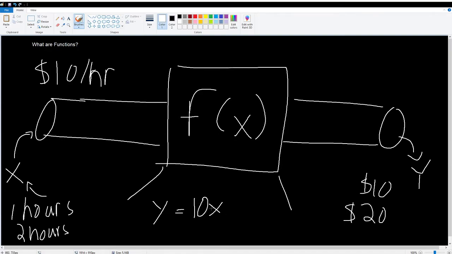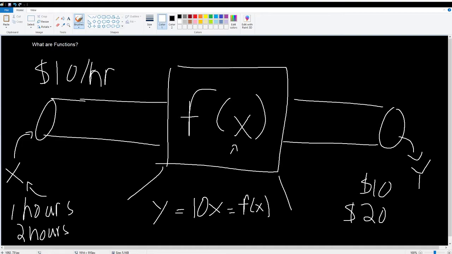This f of x is the name of the function, and the variable inside this set of parentheses is your input. So instead of saying y is equal to 10x, I could also say 10x is equal to f of x. This is basically saying this function is of x, meaning its independent variable is x.